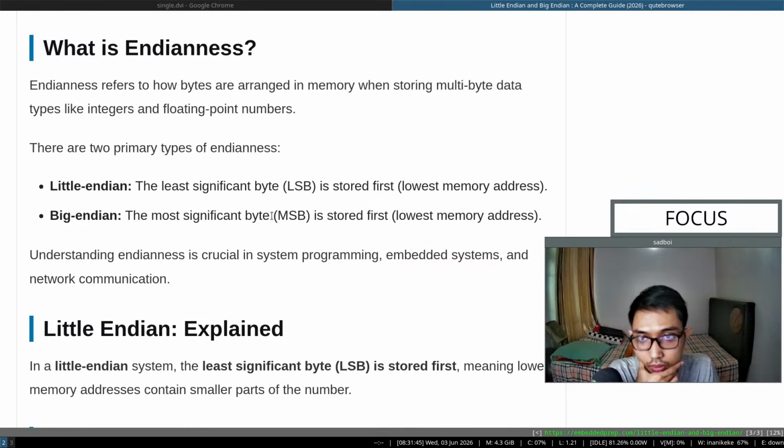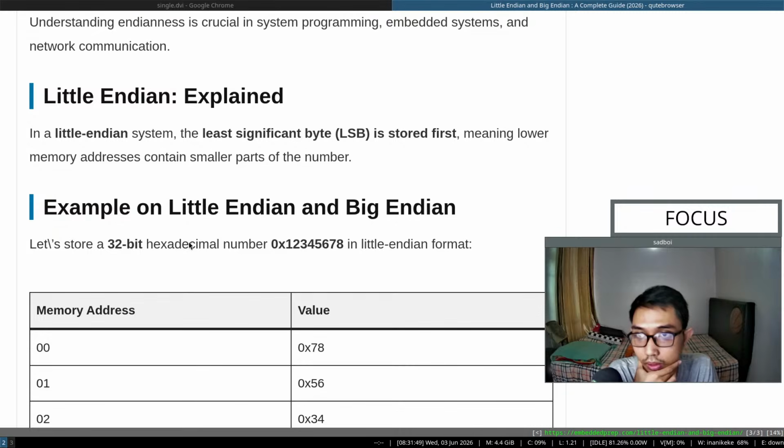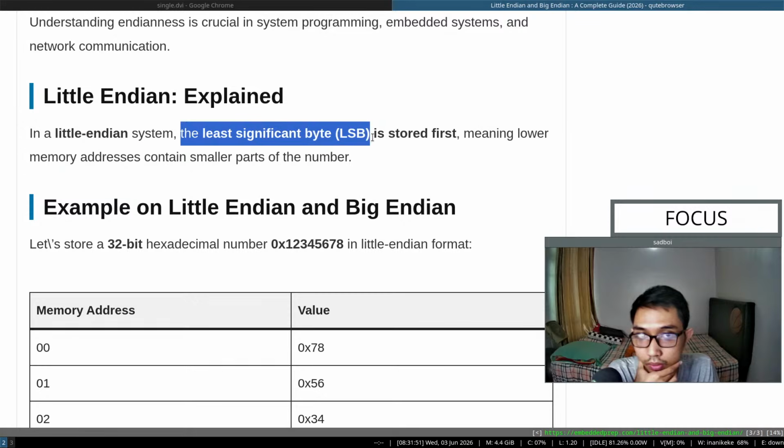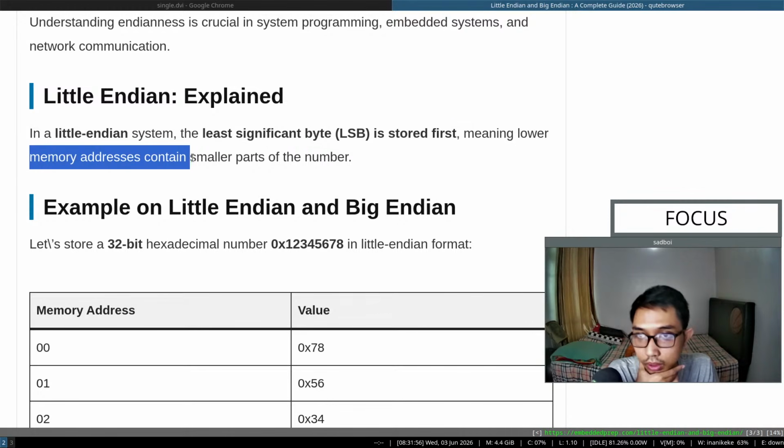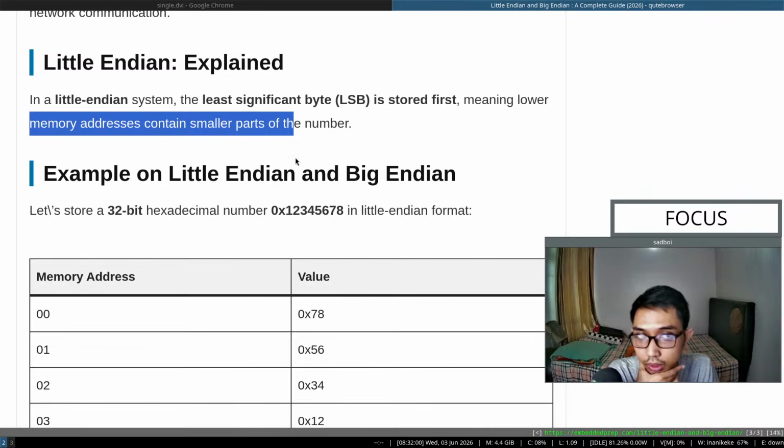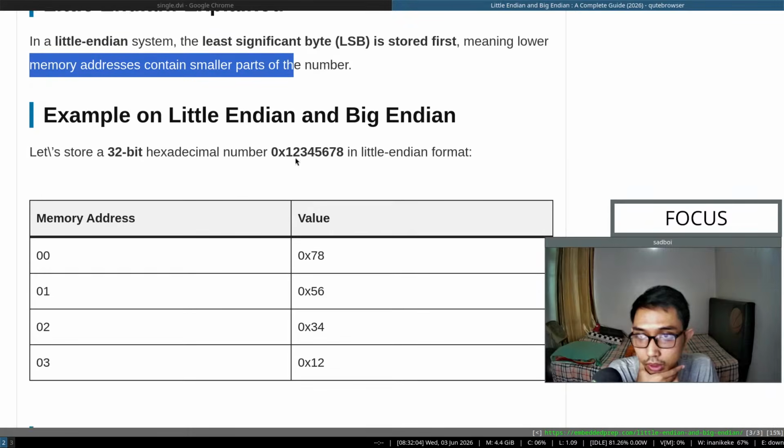Most significant byte. The least significant byte is stored first, meaning the lower memory address contains the smaller part of the number.